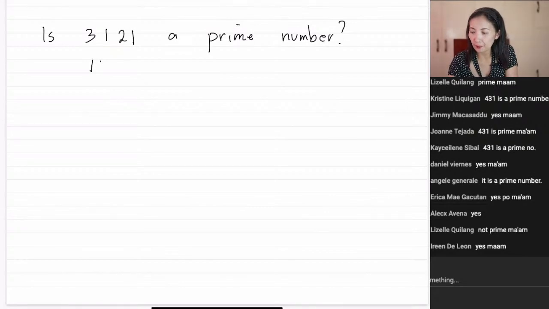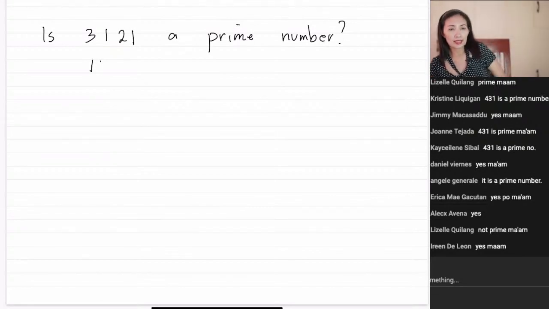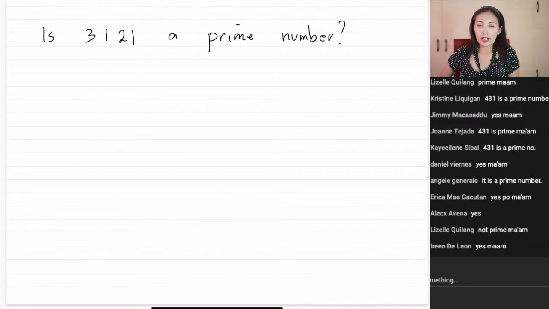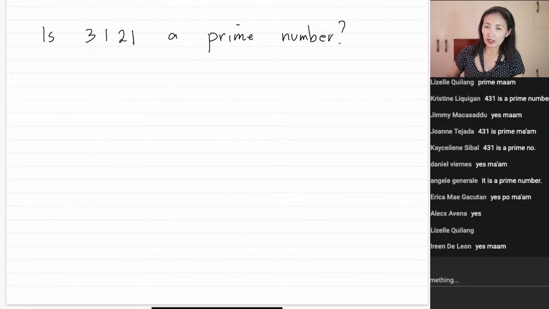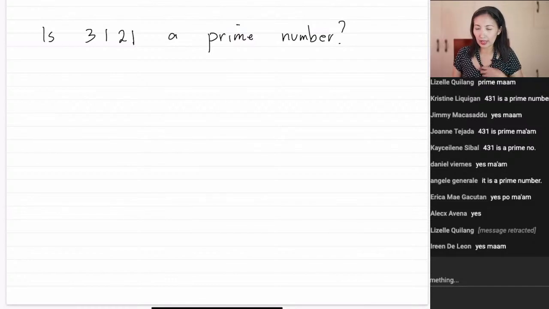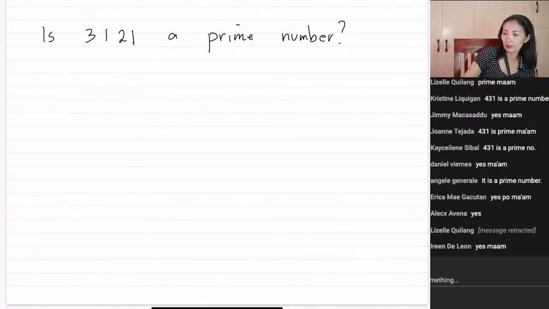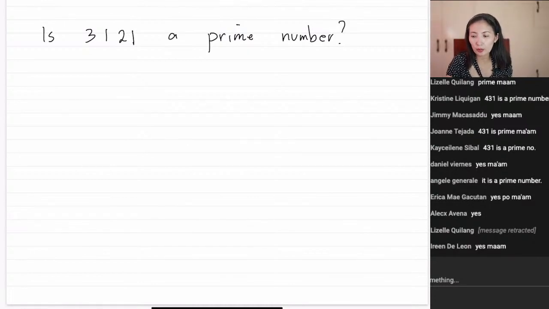Sige, tingnan natin. So, applying the test, identifying integers that could possibly divide the given number, we take the square root of 3,121. This is quite a big number.